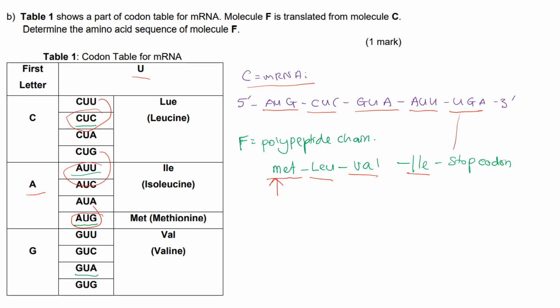UGA does not code for any amino acid because it is a stop codon. A stop codon indicates the termination of translation. The process of translation is terminated to produce the complete polypeptide chain. So remember, you have to memorize at least the 3 stop codons.